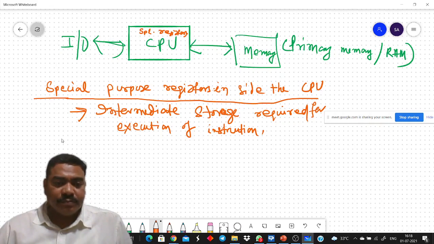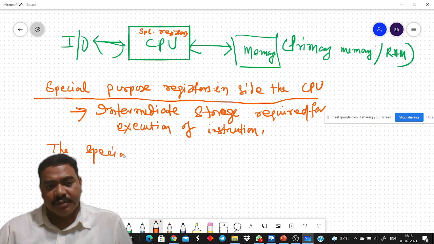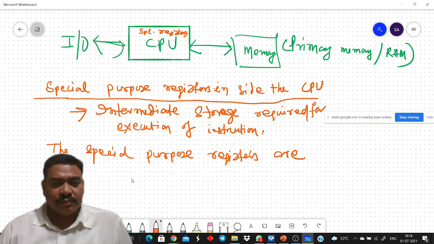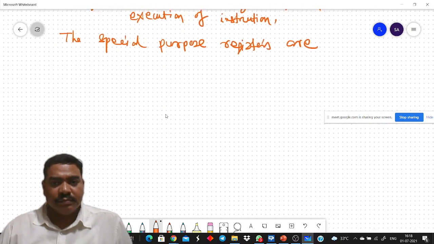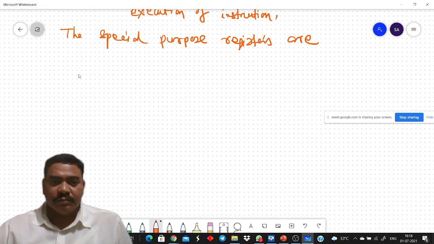There are a number of special purpose registers. Number one, the program counter.